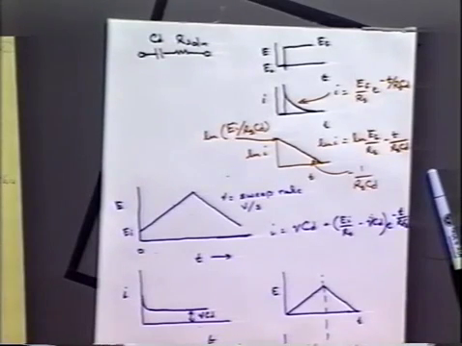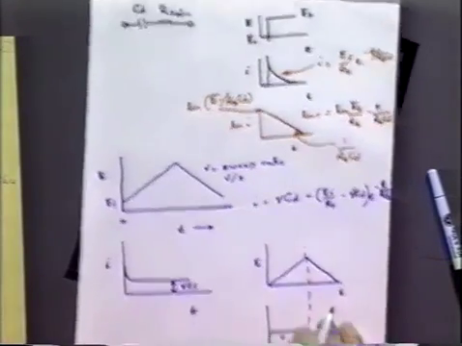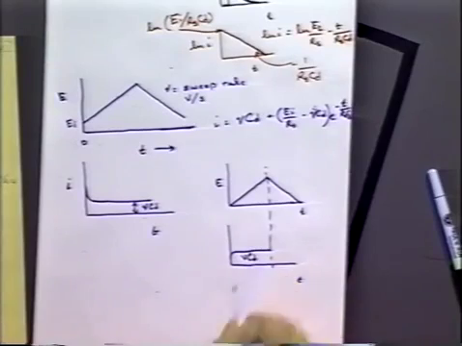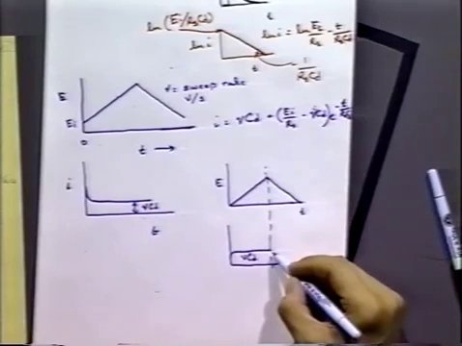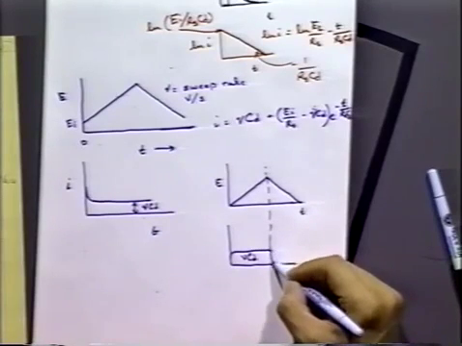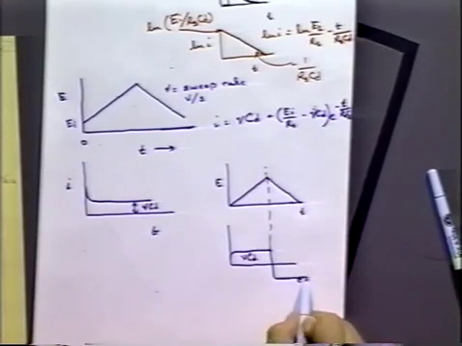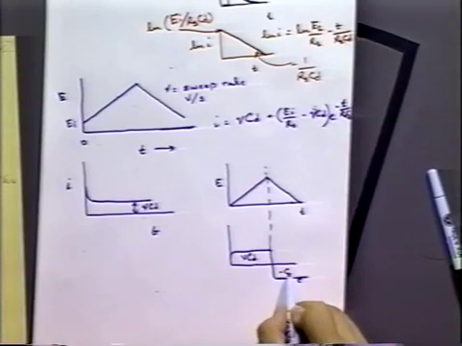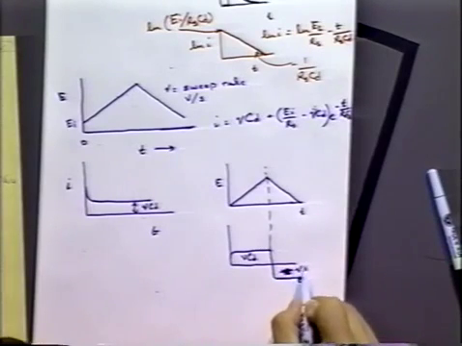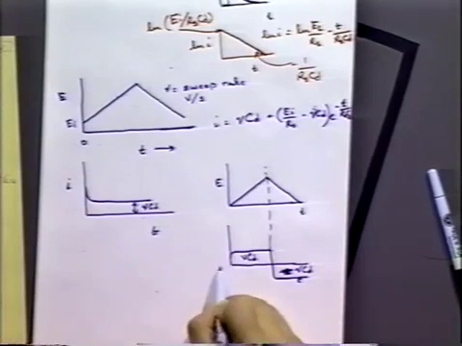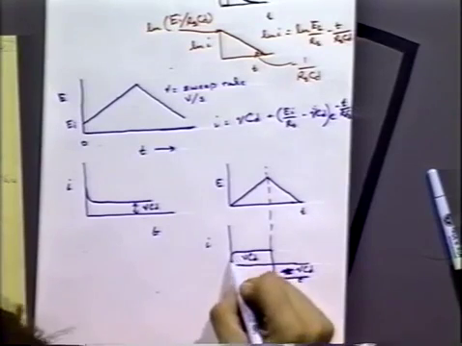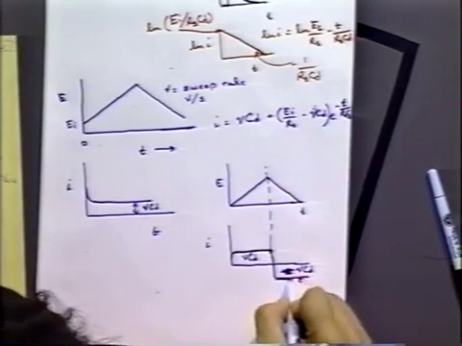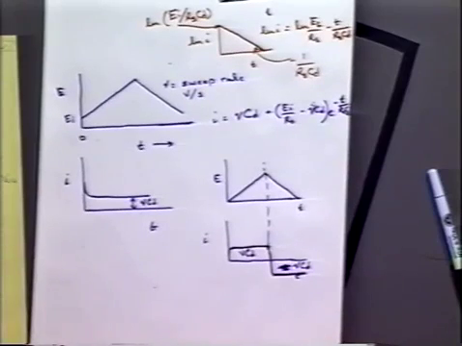Our current would start out with a constant value of vCD, and then as we change the sweep slope, we get a negative v signal. So here again is our current versus time.